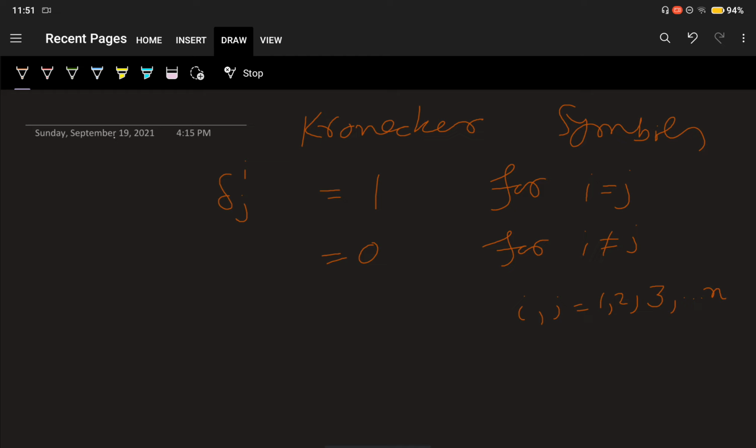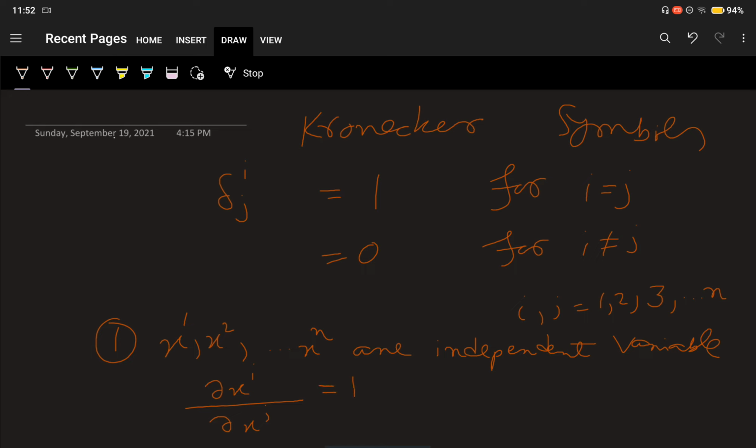Now some Kronecker delta function properties. First, if x1, x2, ..., xn are independent variables, not dependent on anyone, then del x^i divided by del x^j equals 1 when i equal to j and 0 when i not equal to j.